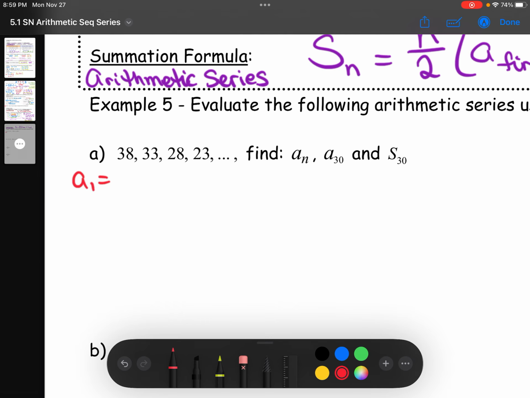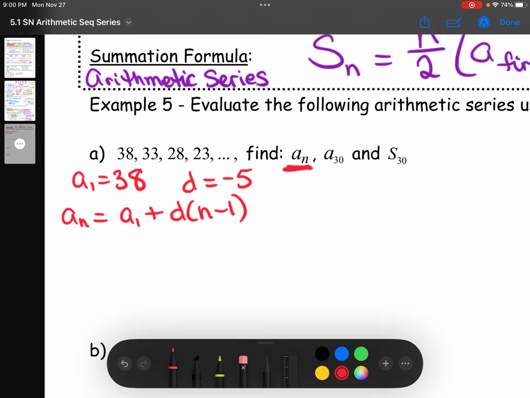Okay, so following this in A, our a sub 1 would be 38. Our common difference, if we look, we are subtracting 5. That negative is going to matter. First thing it tells us to find is a sub n. That's the general formula. So a sub n is equal to a1 plus d times n minus 1. So a sub n would be 38 minus 5 times n minus 1.